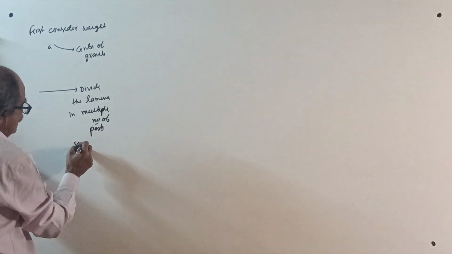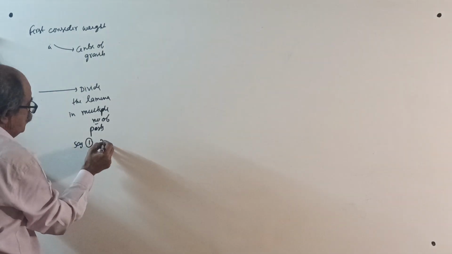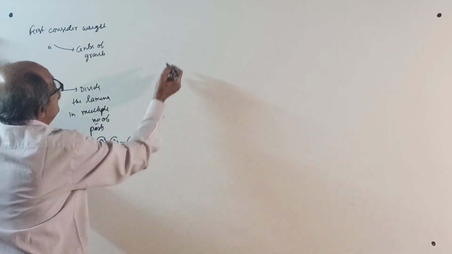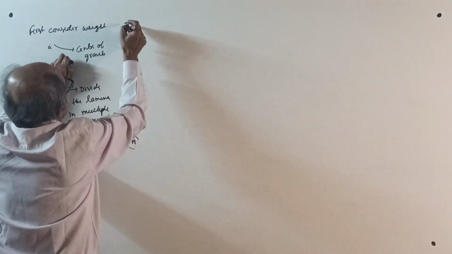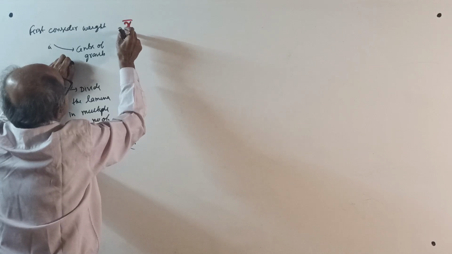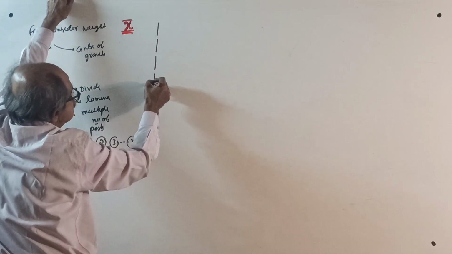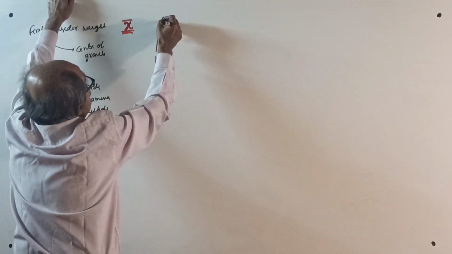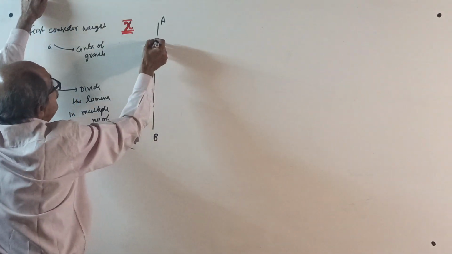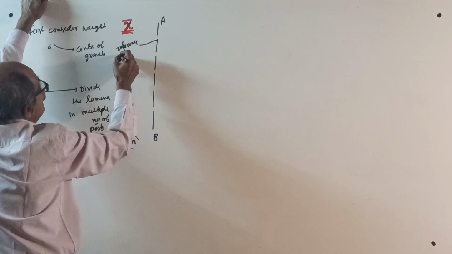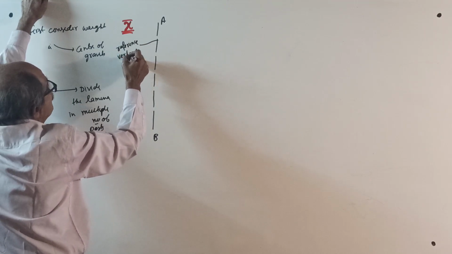Say 1, 2, 3, etc., up to n. First I am considering x bar. Take a reference vertical line AB, the reference vertical axis.